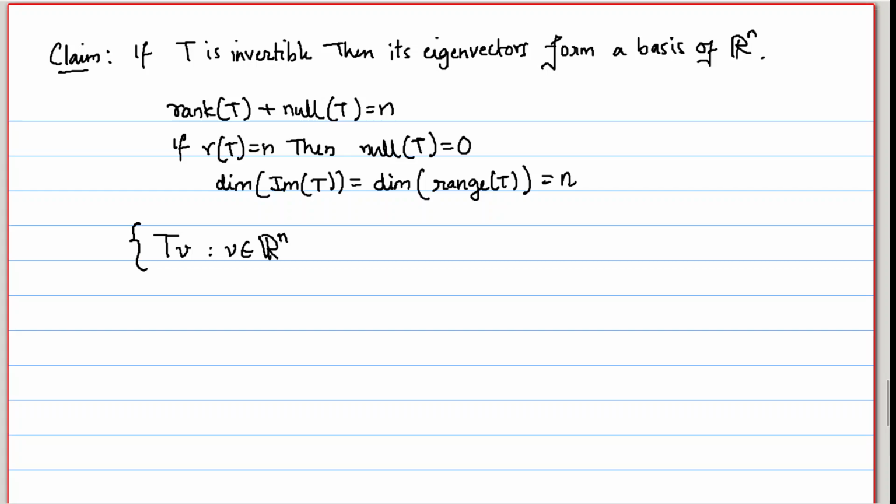Yes. Now Tv is lambda v. I mean, how can we use eigenvectors? This v is coming from Rn, so the eigenvectors are also from Rn.